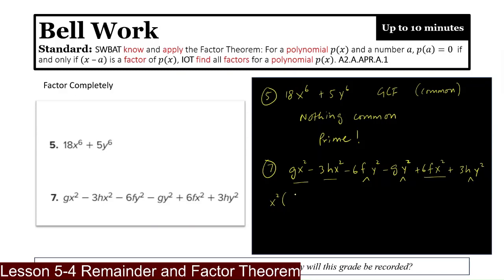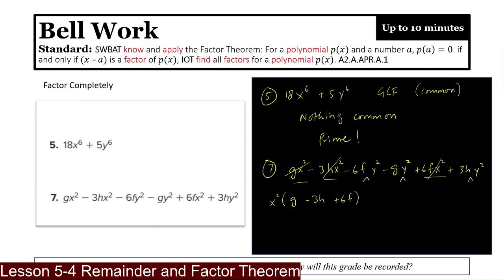So if I take out the x squared, what's left over? I have left over g minus 3h plus 6f. All right, so this is done, this is done, and this is done.